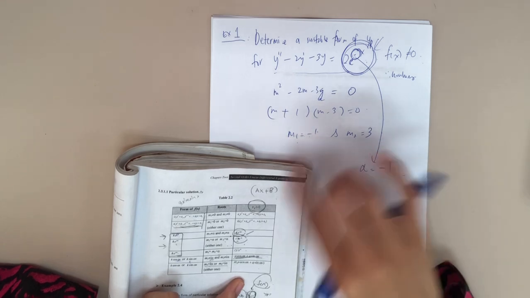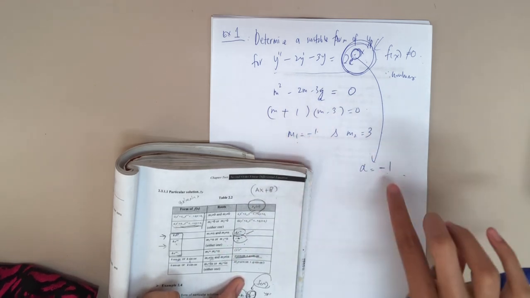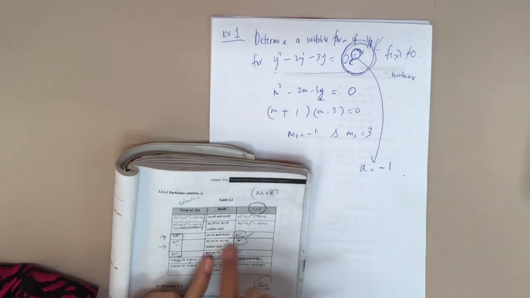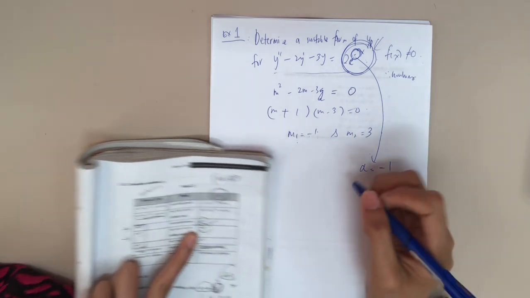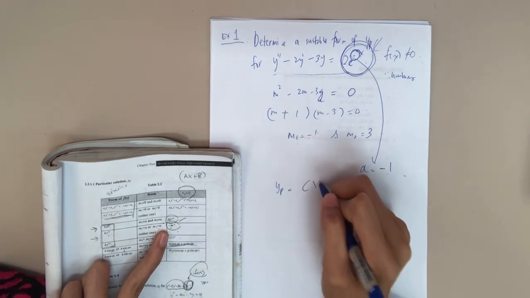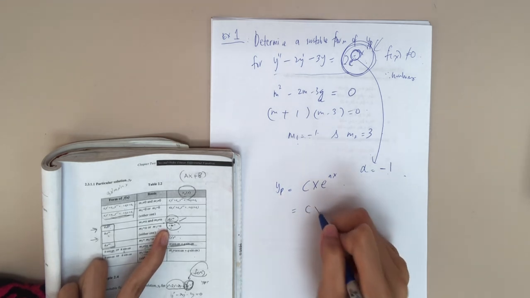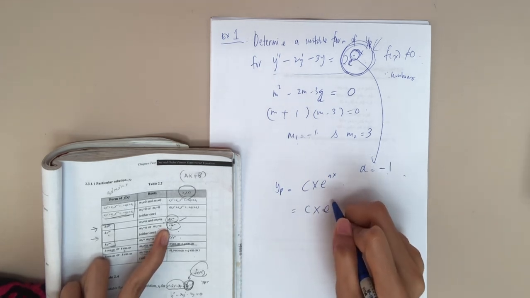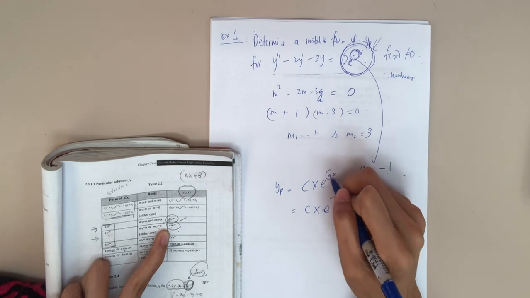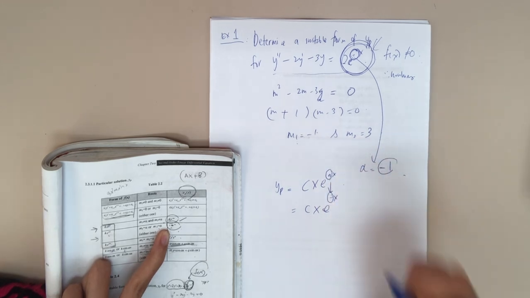What I mean is your m1 is equal to -1, whereas -1 is actually your a. So what is your YP? Your YP is CXE, so simplify, CXE -x. So you can replace this a with -1.